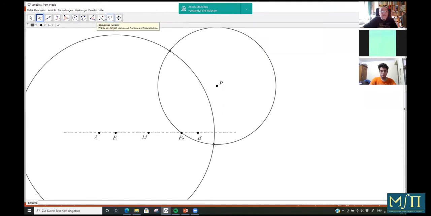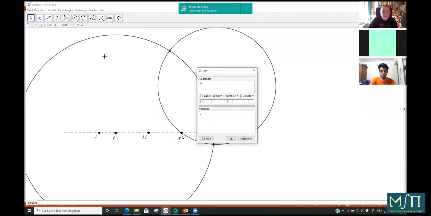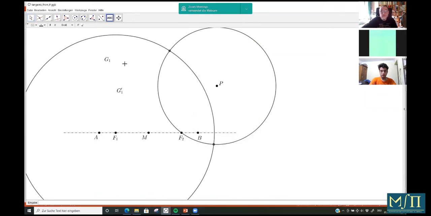And I can label these 2 just so we have a name. We'll call one of them G1, the way we had it earlier, and the other one I'll call G1 prime. So it's the second one, the alternate one. So G1 is up here and G1 prime is down here.